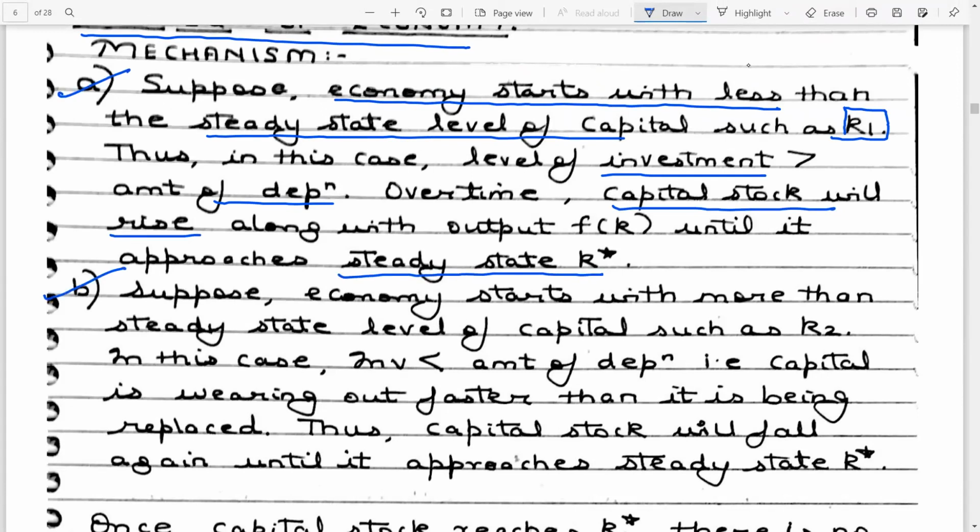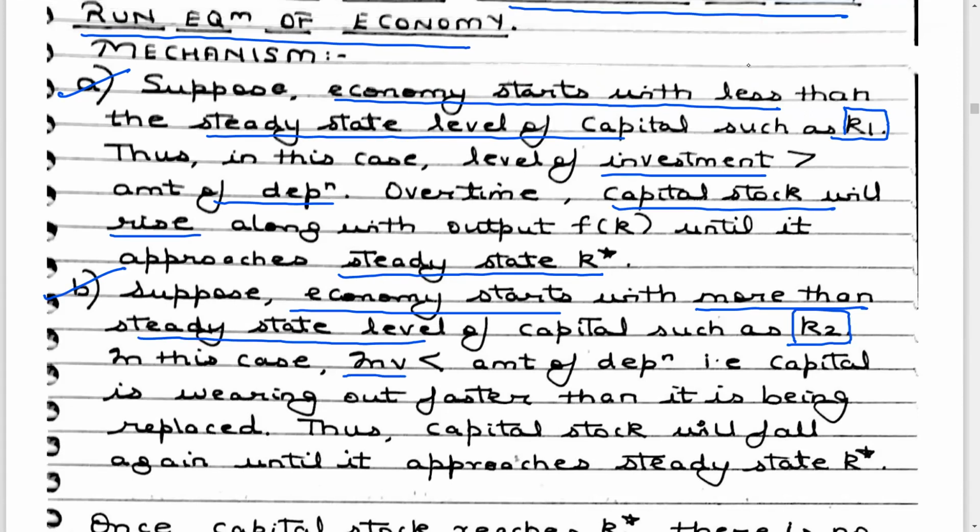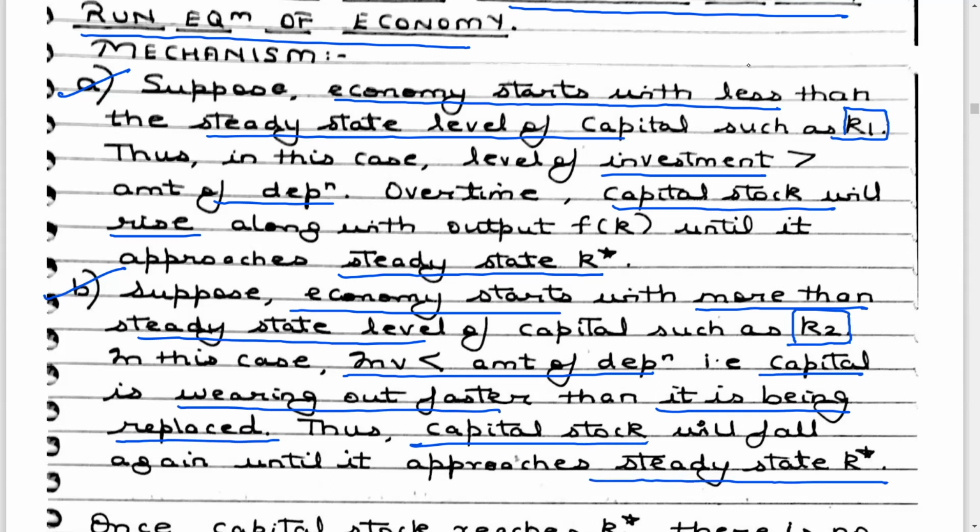And the second point, suppose the economy starts with more than the steady state level. Suppose at capital stock per worker K2 in the diagram. In that diagram, at K2, investment is less than depreciation. So that means capital is wearing out faster than it's being replaced by investment. This causes the capital stock per worker to fall till we reach back the steady state level K star.